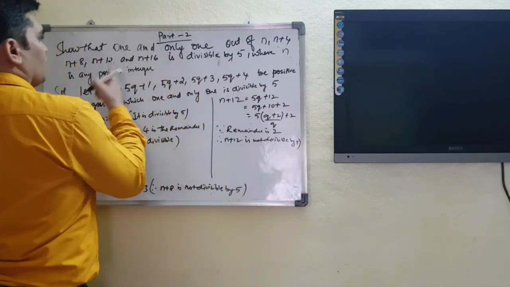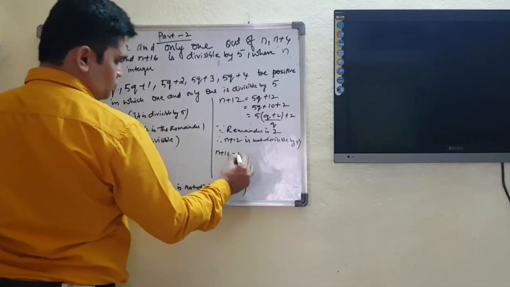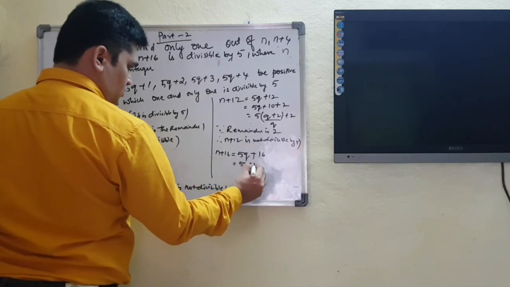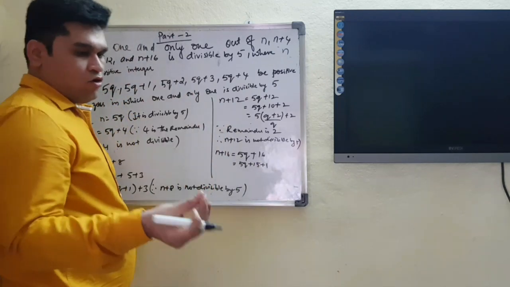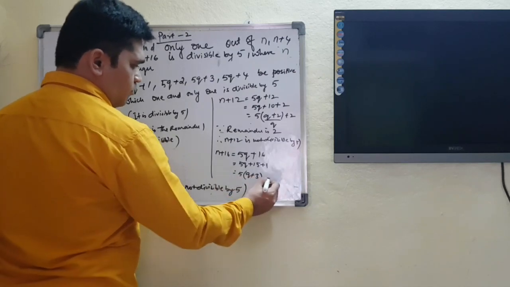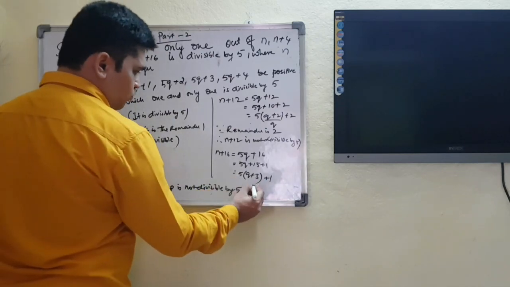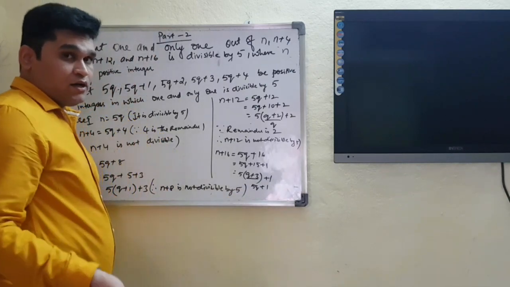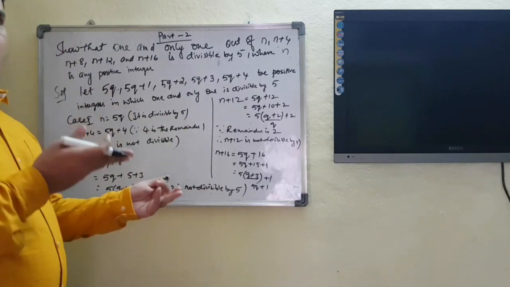Right? Again same thing with n plus 16. What n we have taken? Case 1, 5q. So it is 5q plus 16. 16 can be written as 5q plus 15 plus 1, because I know that 5 and 15 will have some common terms. So 5 I have taken common, q plus 3 again, plus 1. Assuming q plus 3 as some integer q, it is 5q plus 1. So since plus 1 is a remainder, for divisibility by 5 there should never be a remainder as 1 except 0 or 5.